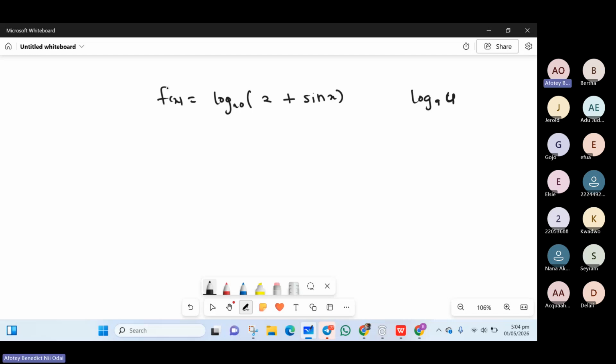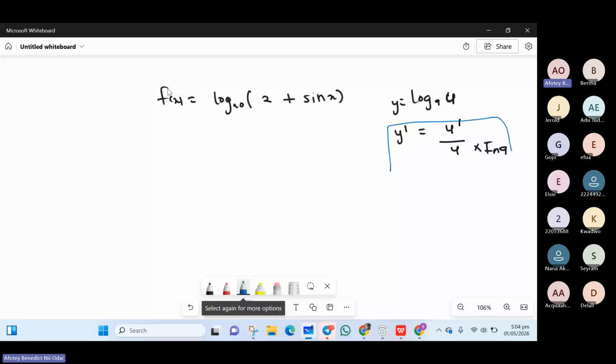Let me say it in this format rather. Let's say y is equal to this, y prime is u prime on u, the denominator, times the natural log of your base. So the base is a. So this becomes the formula for the differentiation of logarithms, right?